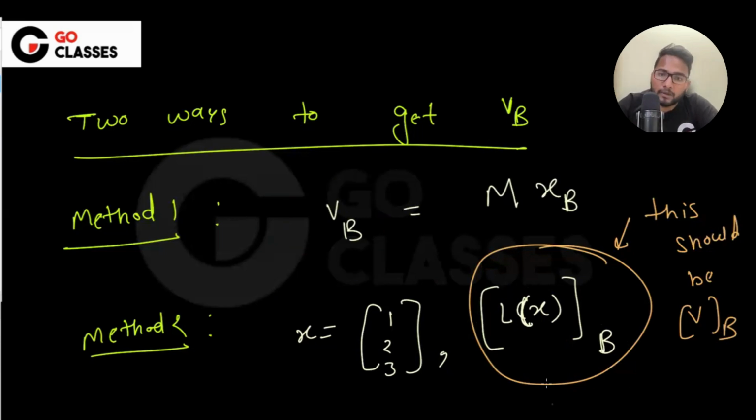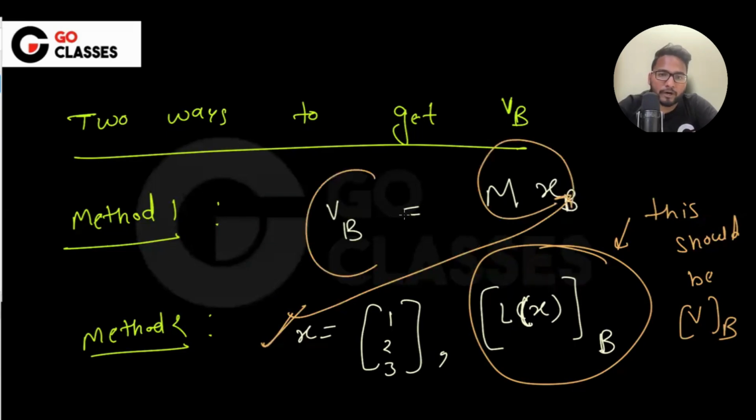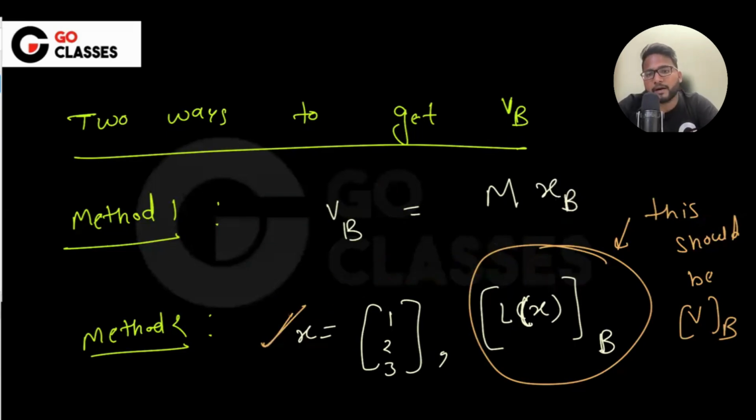Remember, this is x of B, this is not x. M doesn't take x, M takes x of B. You may be having x, that's fine. You need to calculate x of B first, and then you need to multiply, then you will be getting this V of B. And there is another way where you have this x and directly find the transformation. If this is in the standard form, you just find the transformation.